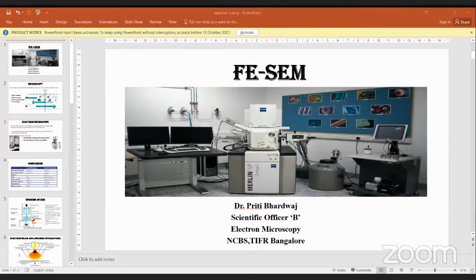This is the comparison between the light microscope and the electron microscope. The source of illumination in a light microscope is light rays; in an electron microscope, the source is electrons. The wavelength for light rays is 400 to 700 nanometers, while for electrons it is less than 0.1 nanometer. The medium in a light microscope is air, while in an electron microscope we are working with electrons, so vacuum is required.